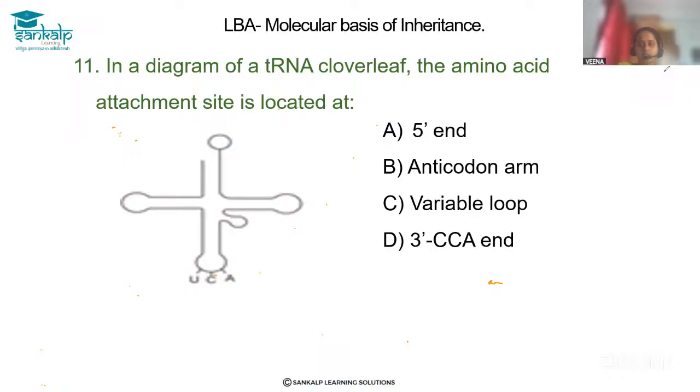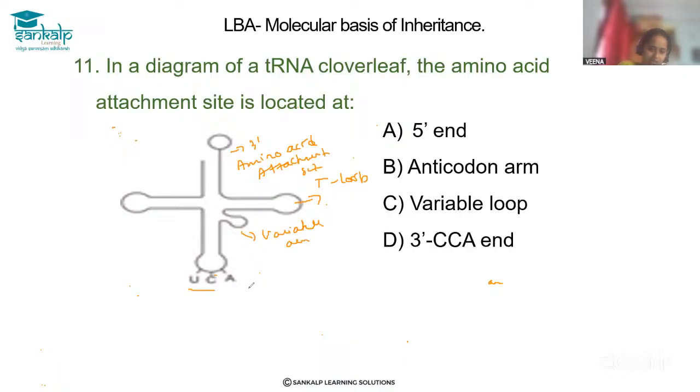So in the last question only we discussed the structure of tRNA, that is the smallest RNA, right? So here this is the third prime end, that is the amino acid attachment site, right? And here it is the T loop, and this one is the variable arm.